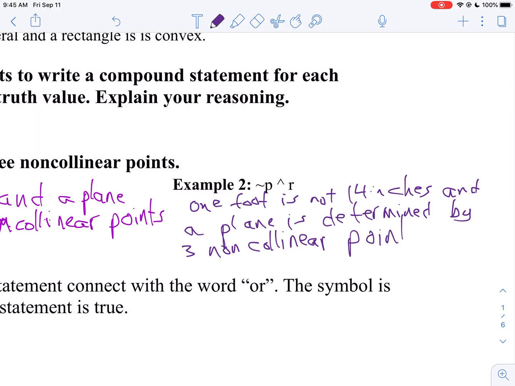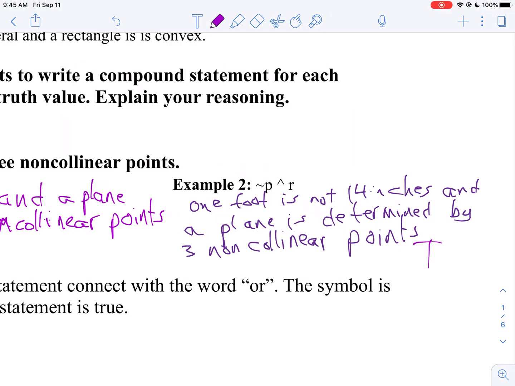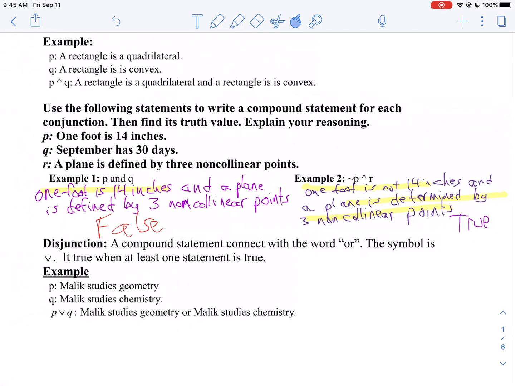This statement is true. Why is it true? Well, because 1 foot is not 14 inches. That's a true statement, isn't it? Because 1 foot is 12 inches, so it's not 14. And then the second statement, a plane determined by 3 non-collinear points, is true. Both are true, so that makes the entire statement true.